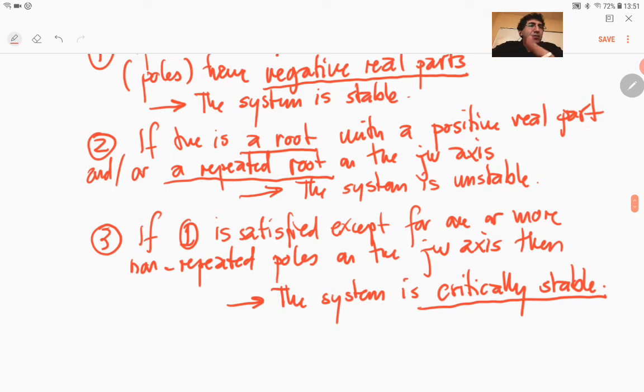They do not diverge, so you have actually bounded behavior. But unfortunately, the output does not decay or it does not converge to a single final value. So that's why we call it critically stable. Sometimes it's also known as limitedly stable.